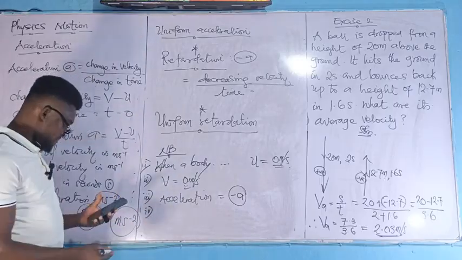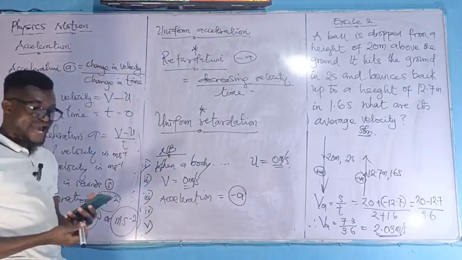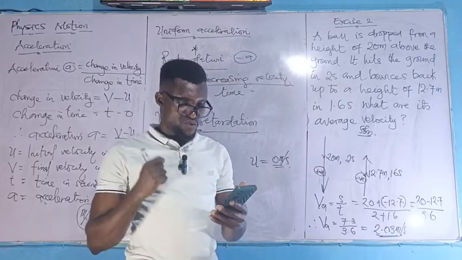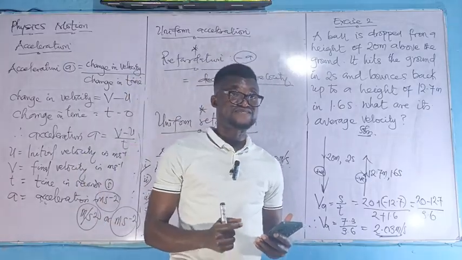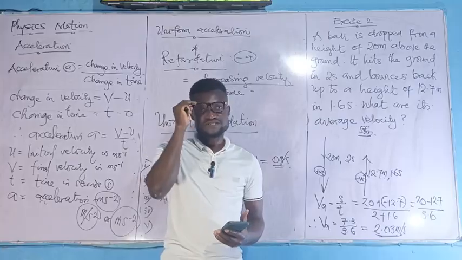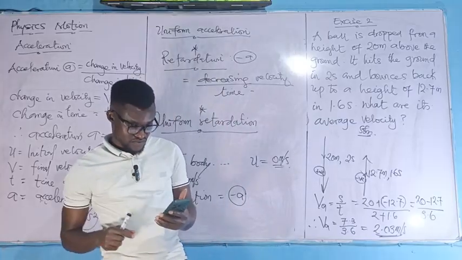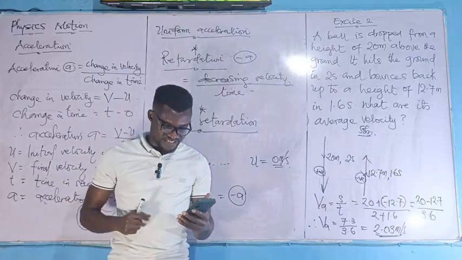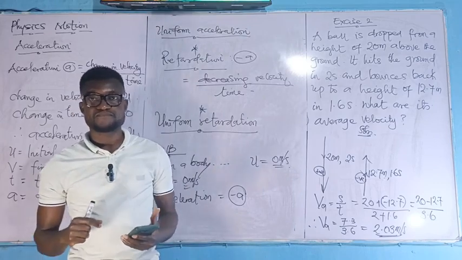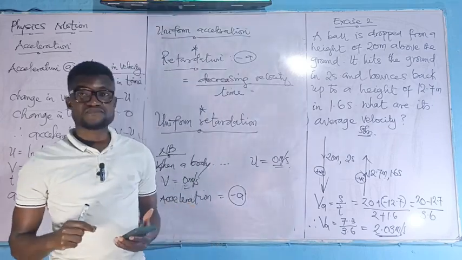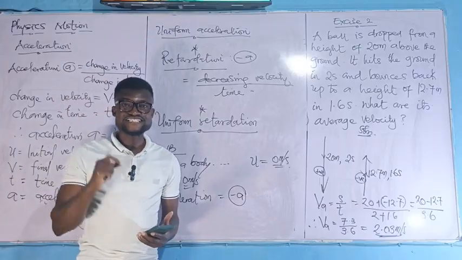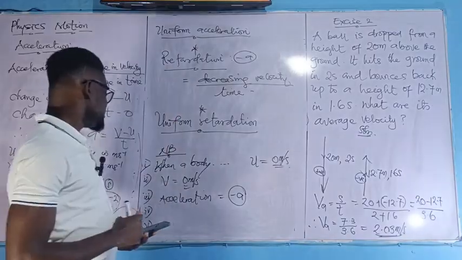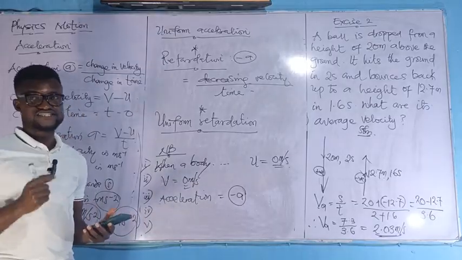Okay, number 5. When a body is moving with a uniform velocity, its acceleration is 0.